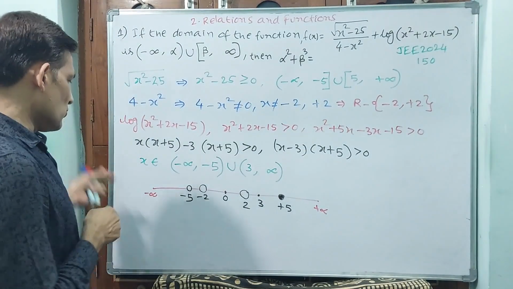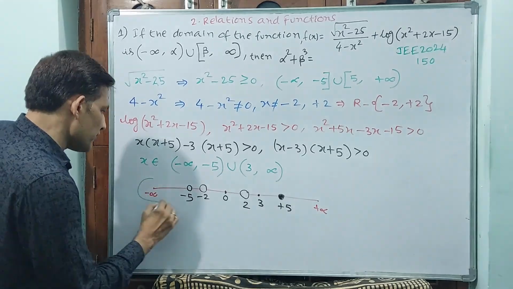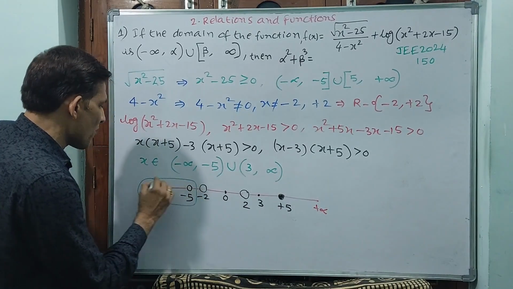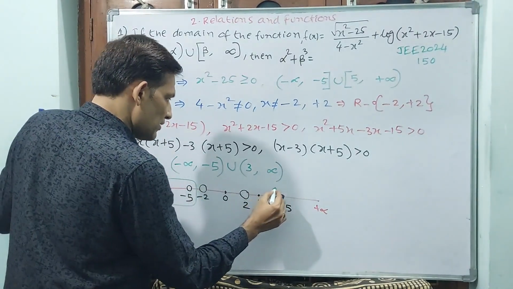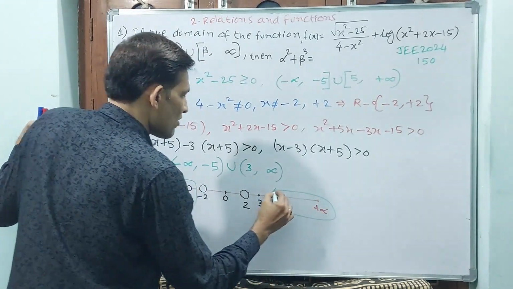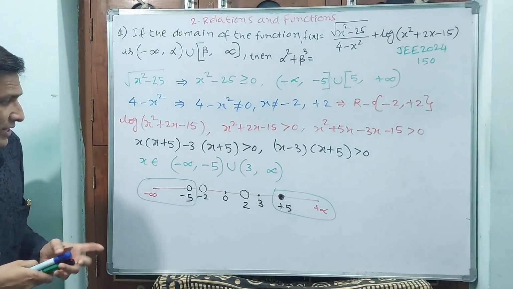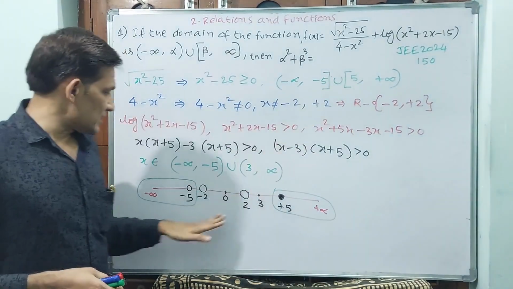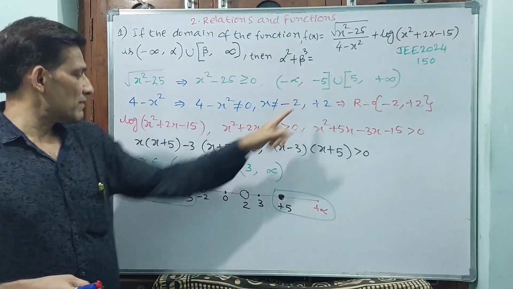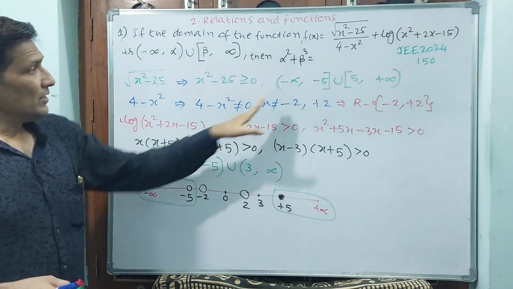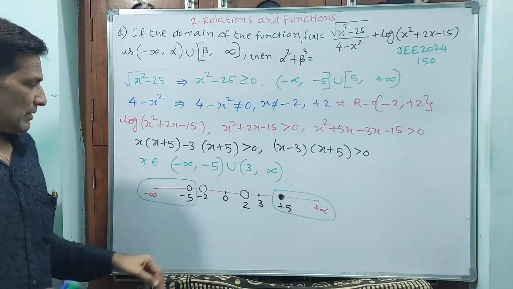Now see what I want to do. I want to take minus infinity to minus 5, open interval, and plus 5 to plus infinity, open interval. Is it okay? Definitely okay, because the first case is satisfied, since here a closed interval is there but here an open interval is there.